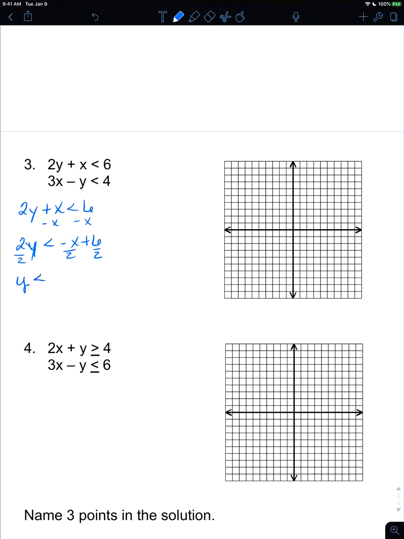So y is less than negative 1/2 x plus 3. So we've got a y-intercept at 3. Slope of negative 1/2, and it's only less than, so dashed line, and since it's less than, we're going to shade below the line.